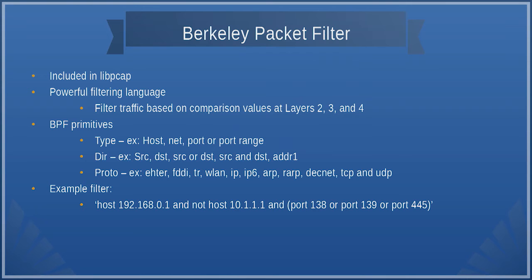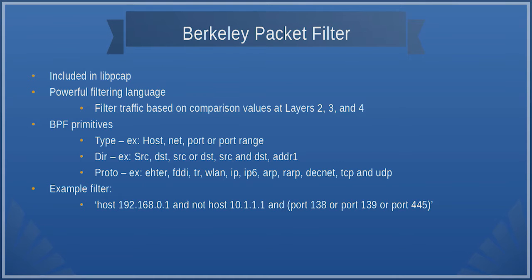Here is an example of a filter that we show. It says host 192.168.0.1 and not host 10.1.1.1 and one of these ports, that is port 138 or port 139 or port 445. What does it mean?